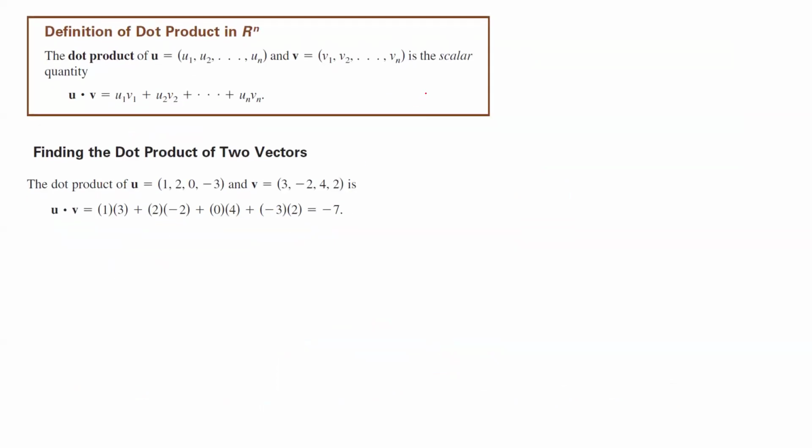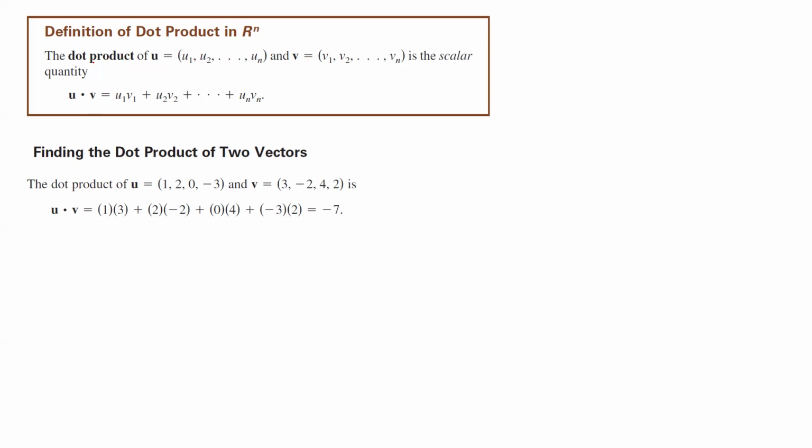What was the definition of the dot product in n space? Suppose you have two vectors, u and v. The dot product, or inner product, between u and v: you just take the corresponding components, multiply them together, and then add them together.